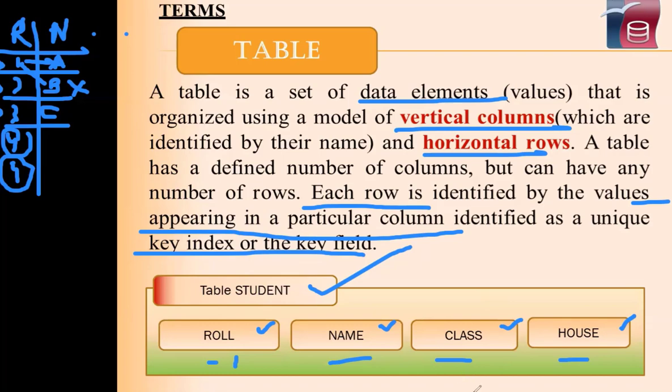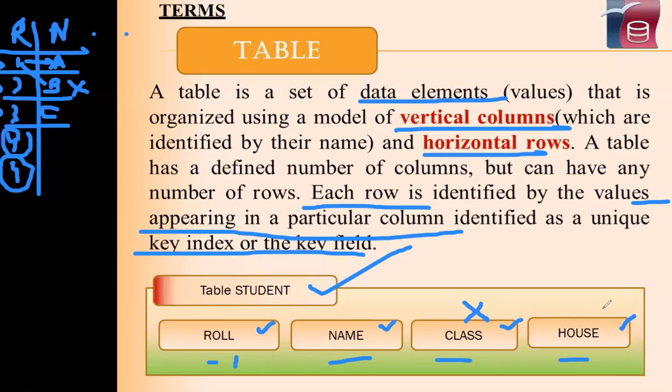Class, for example, can we keep class as a key field? If I'm storing the information about students in the school, can we keep class as one of the key fields? No, we cannot keep class as one of the key fields because there are going to be multiple students in the class. So the class is going to be repeated for 10 students, 20 students, and 30 students like that.